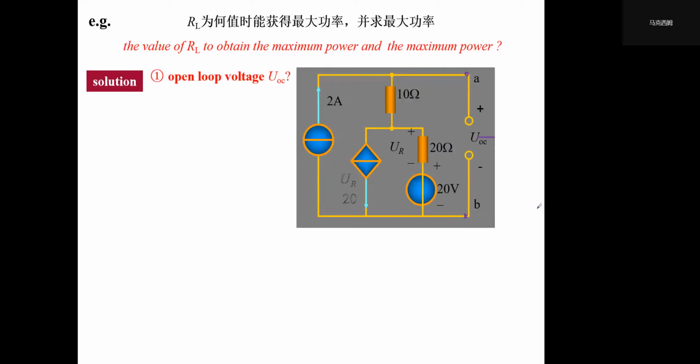We would like to calculate the open circuit voltage EOC. It's not very difficult to calculate. This one has the value of UR over 20, where UR is the value on this one, right?